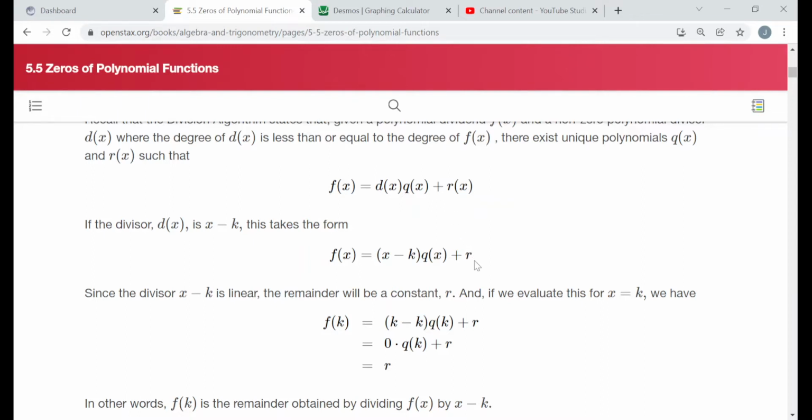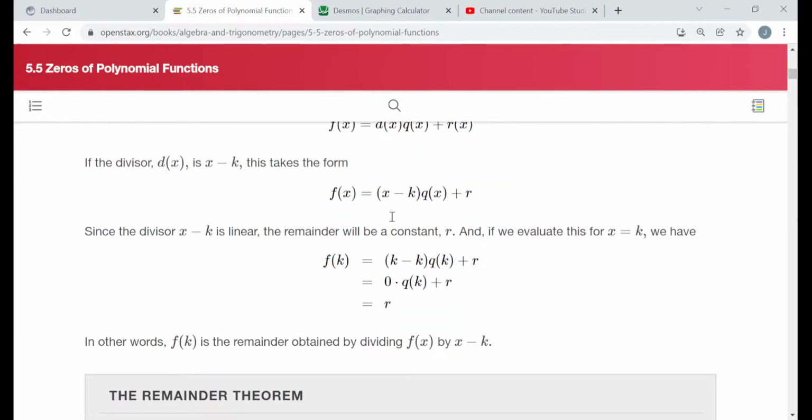Just a number. So f of x can be expressed as x minus k, the divisor, times some quotient q of x plus a numerical remainder r. What happens when we plug in k?